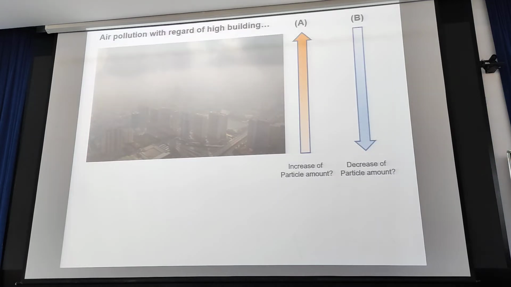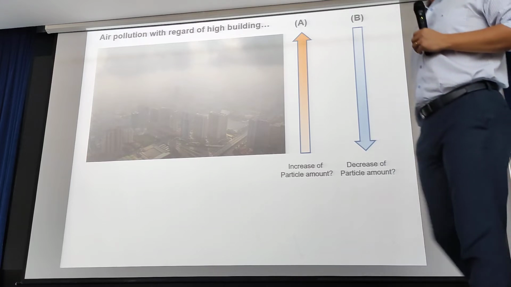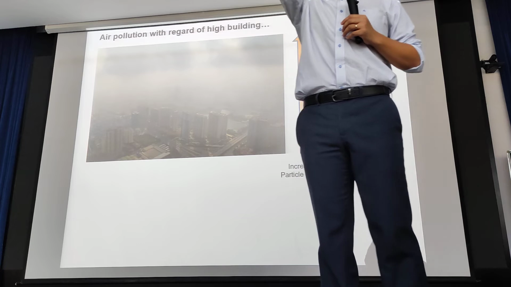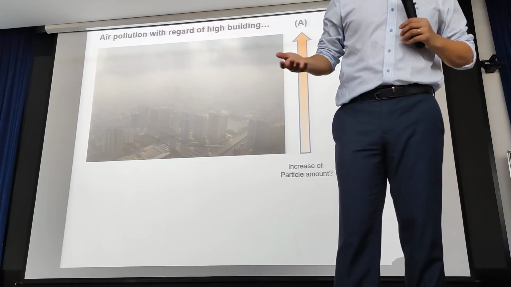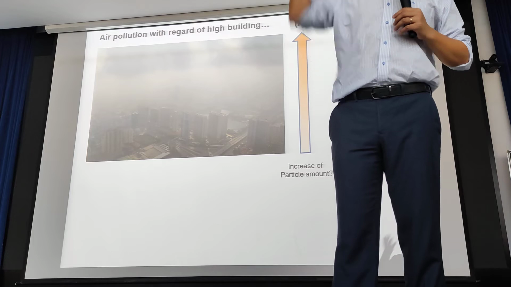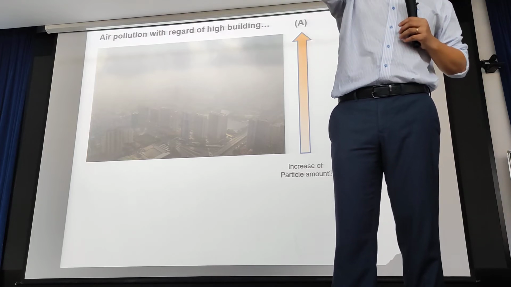Another question about nature. People in Hanoi try to get to a higher level because the housing price at the higher levels in high buildings is much more expensive compared with the lower levels. Is it correct? You get a higher price.